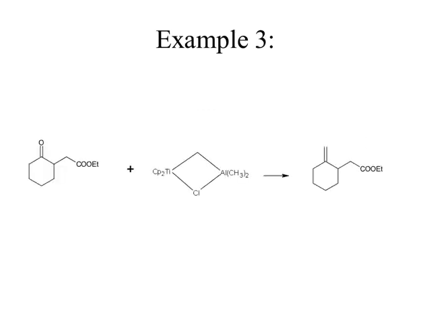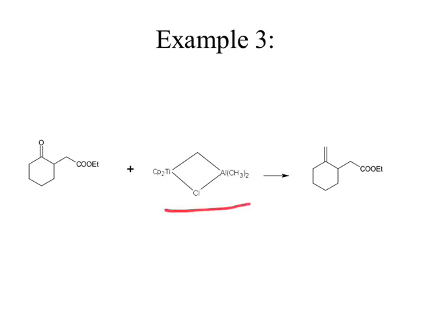Here is a third example. Now in this example you can see we have a ketone as well as an ester, and that is treated with Tebbe's reagent. So you might be thinking that when both of them are there, both should react with Tebbe's reagent.